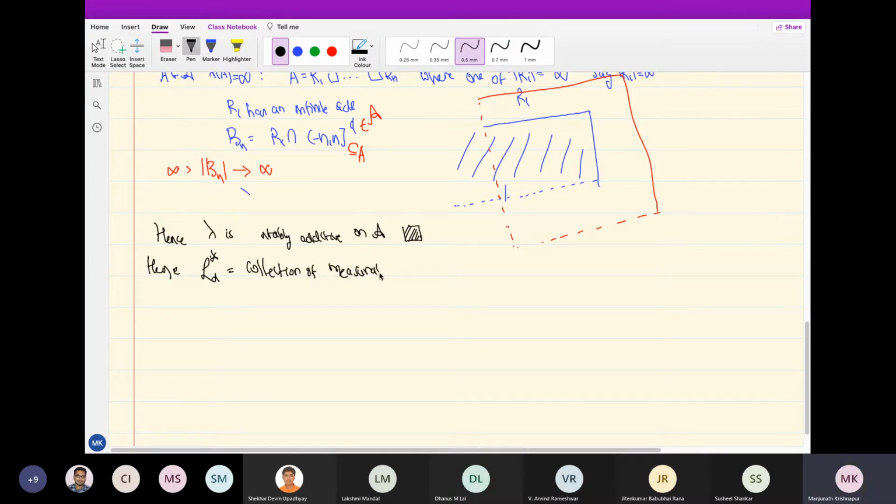We call them measurable sets or Lebesgue measurable sets. Always that is what it means. That is, those that satisfy the cut condition.